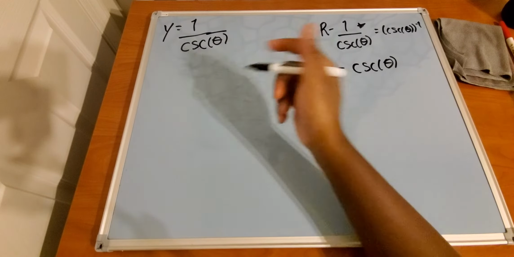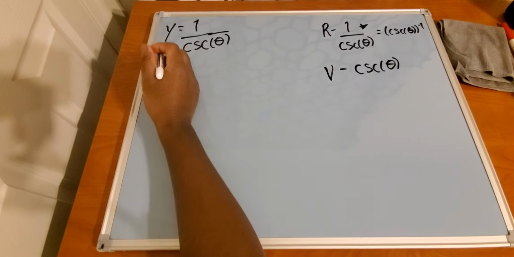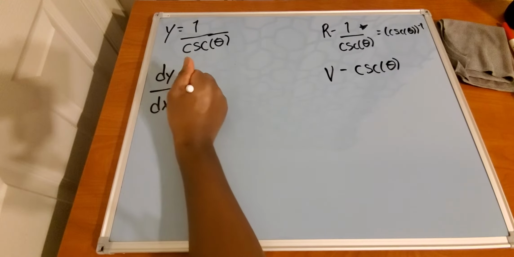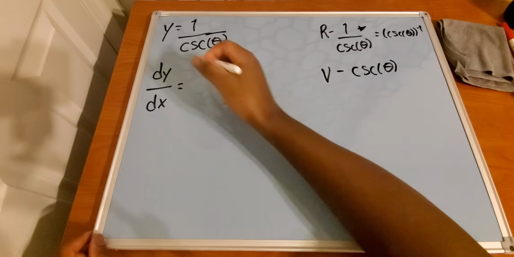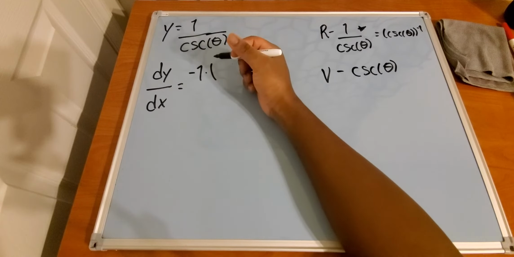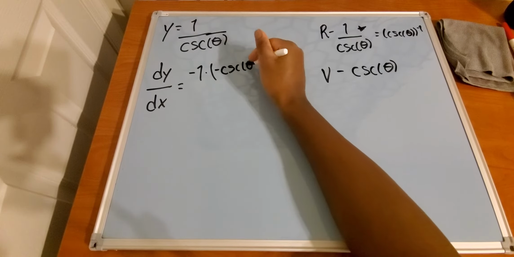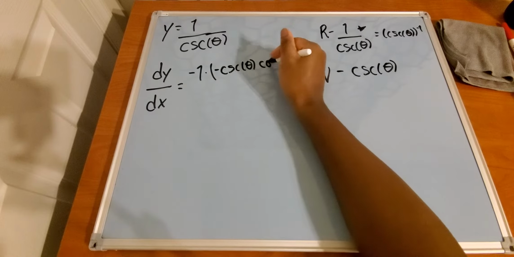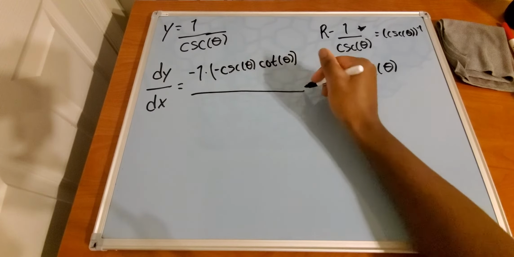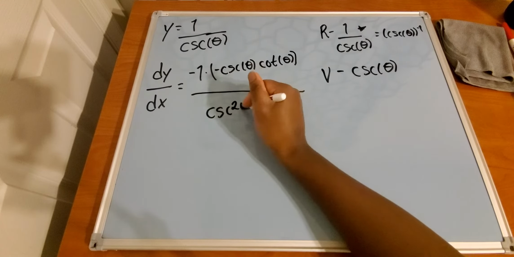Now we can go ahead and take our first derivative. The derivative of y with respect to x is equal to -1 times the derivative of cosecant theta, negative cosecant theta cotangent theta, divided by the denominator function squared, so cosecant squared theta.